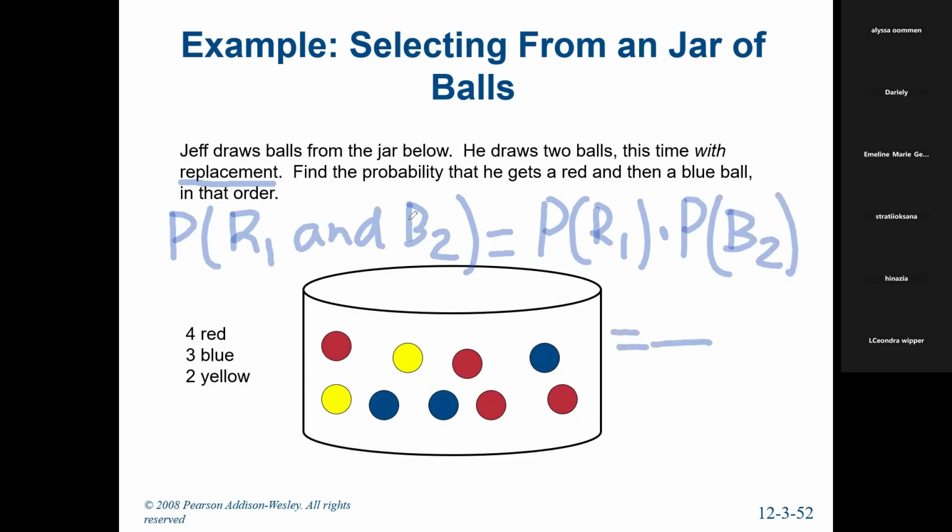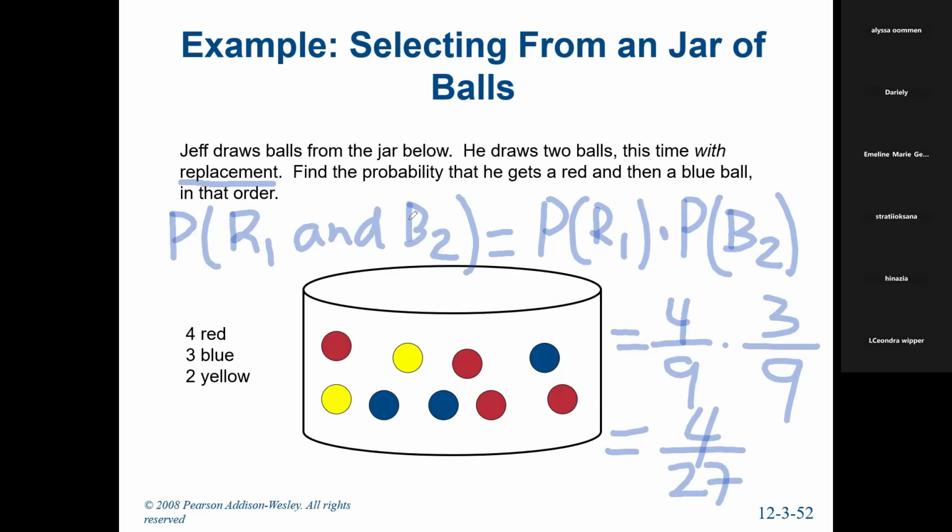Red ball, 4 red, that's 4 over 9. You got 3 blue balls, but over 9 because you put the ball back. That's the difference. So that would give you 4 over 27.